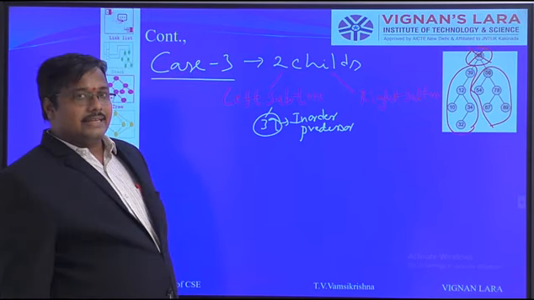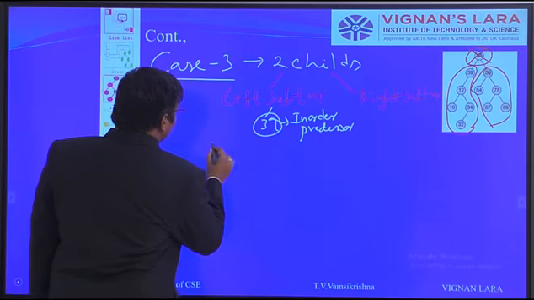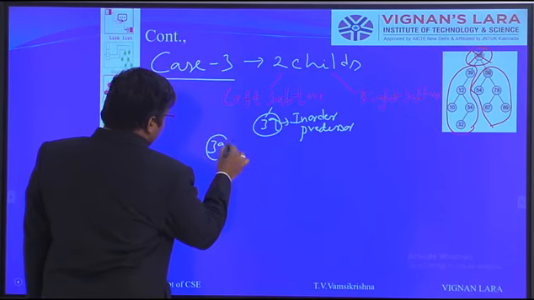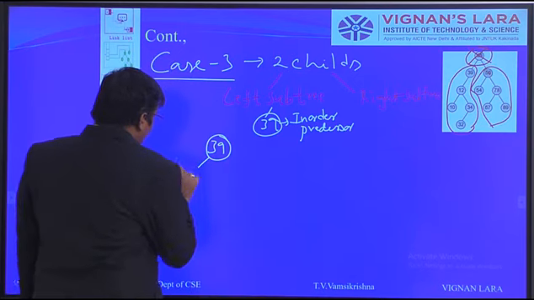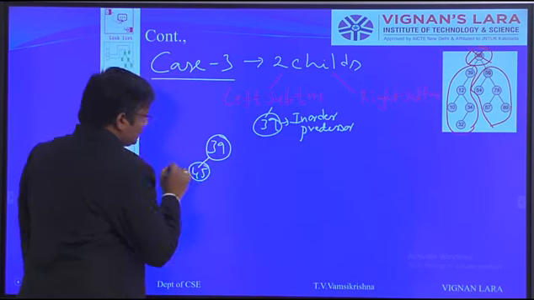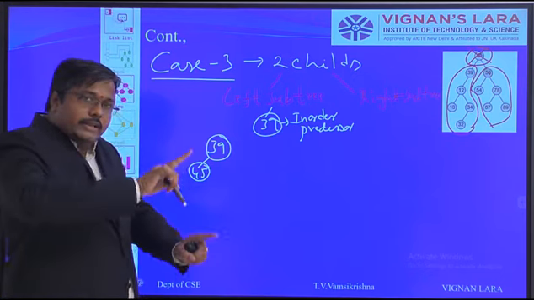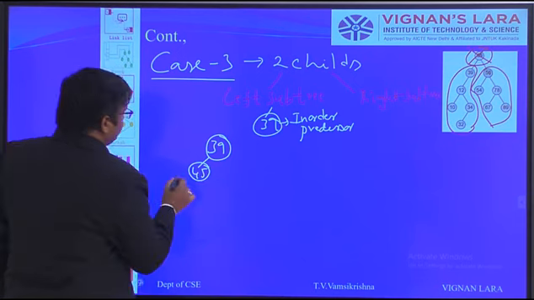In that case, what is the resultant tree? First 39 comes to this position and 45 comes to that position. Means these two are interchanged. In technical terms, we can call it a swap.